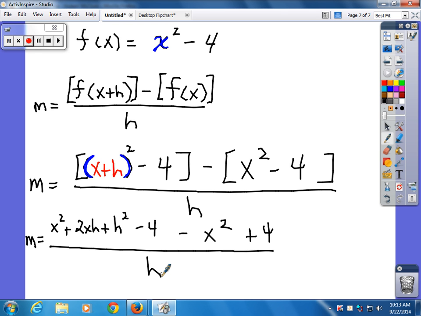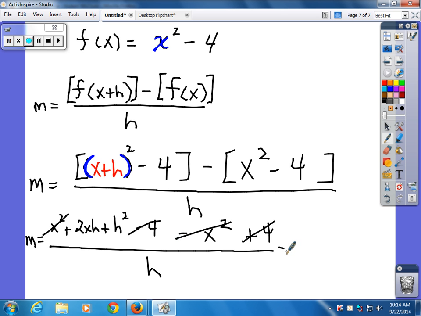And what happens to the 4s? What happens to the negative x squared and x squared? If you don't get those terms canceling out, then what does that mean? You've done something wrong. Now, the 4s may not always cancel out, but the x squareds should, or the x to the thirds, or whatever the case may be.